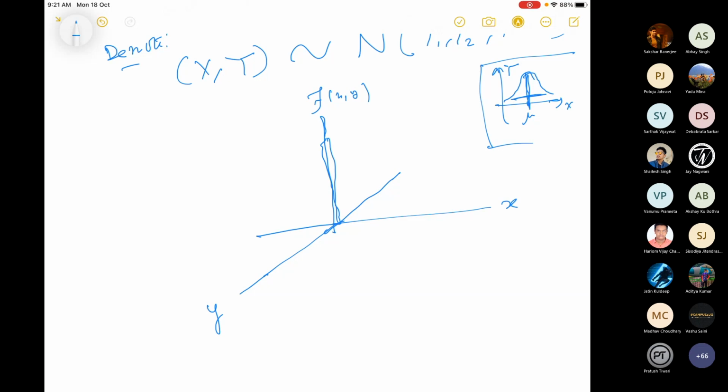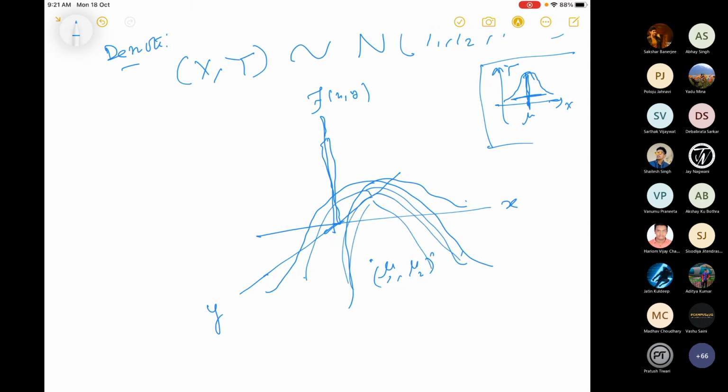Here, instead of mu, it will have mu1, mu2. And then this will look like a mount, like an umbrella, spread on both sides like this. I'm not good at drawing, but let us say this is like a mount, or mountain.